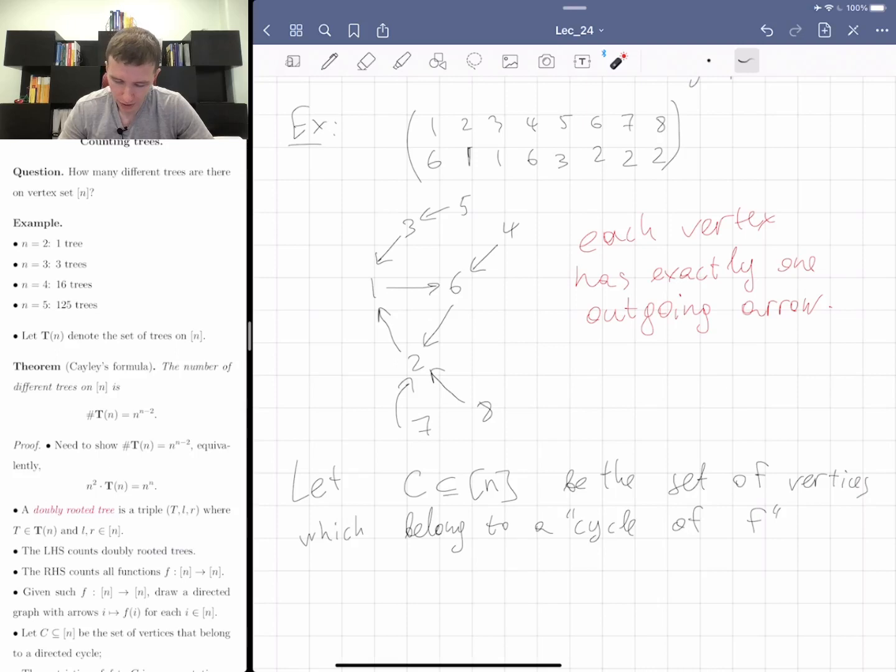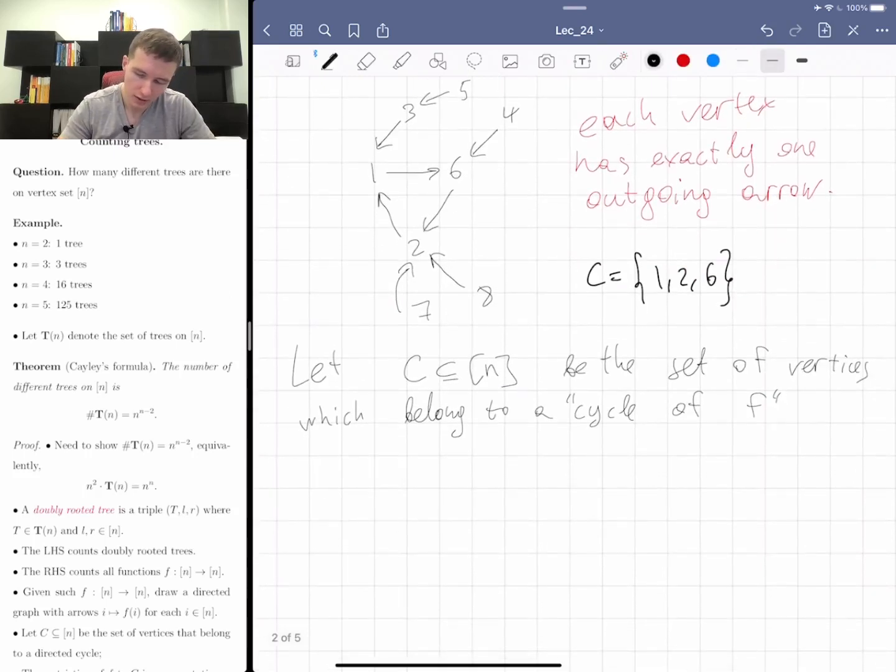And in particular, if I only look at the cycles, then I get sort of a permutation of C. So here in this case, C is equal to 1 to 6. That's the set of vertices on which I have a cycle.